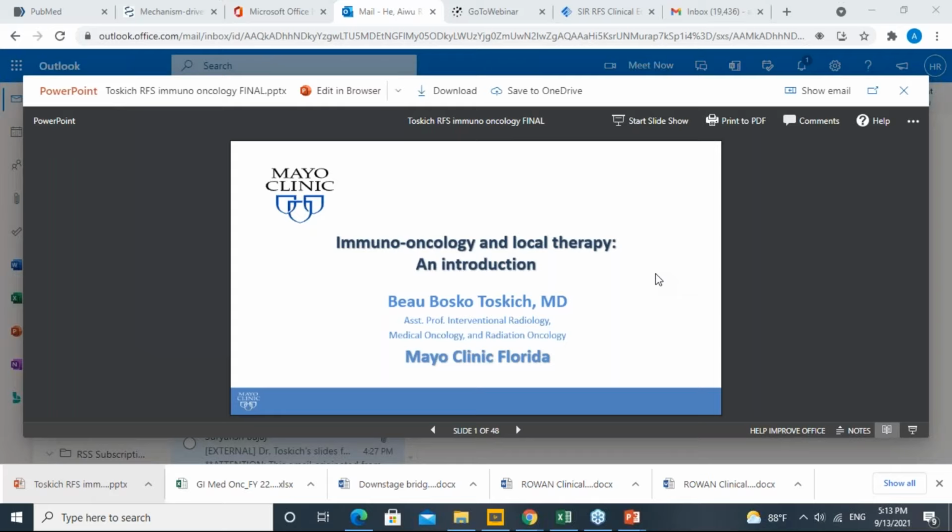And so in this case, I would ask our IR folks to see if the patient would benefit from a Y90 treatment to control the predominant lesion. And then for the rest of the disease, I probably would do combination immunotherapy. And so one is for disease control.